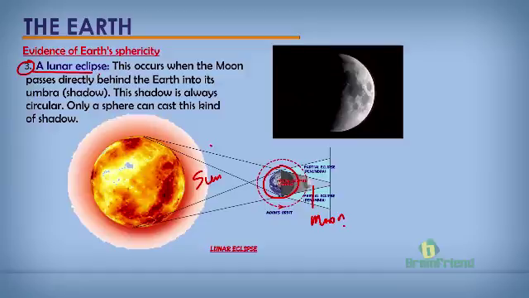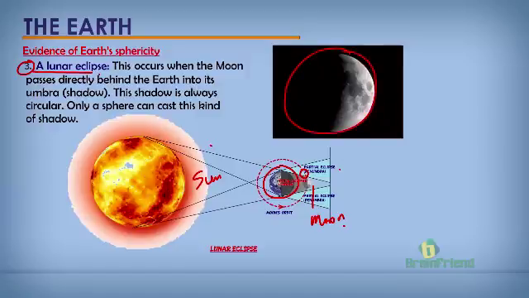So if it is directly behind the earth, aligned along with the other planetary bodies in a straight line, we would have a total eclipse of the moon. If our moon, which is rotating around the earth, moves into this region, it becomes a partial eclipse. And the shadow that the earth casts upon the moon would look exactly like something like this.